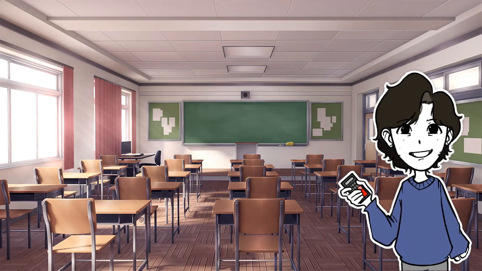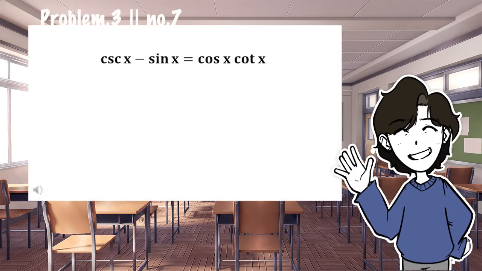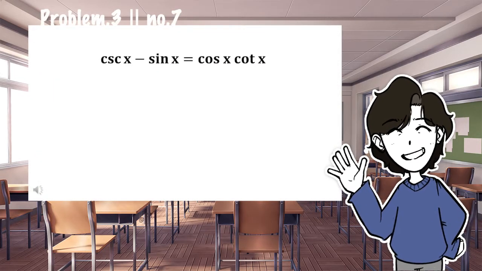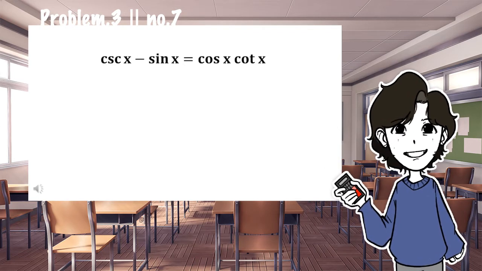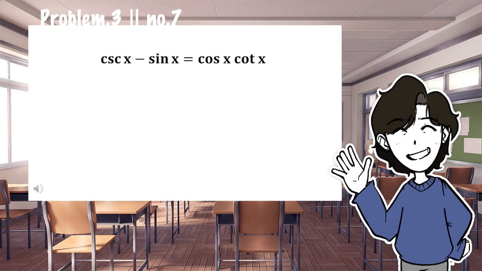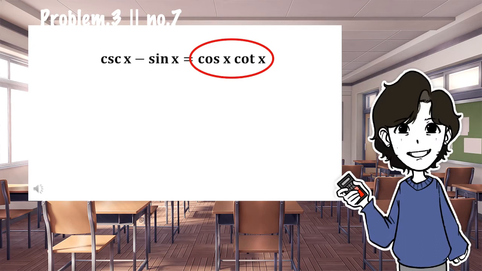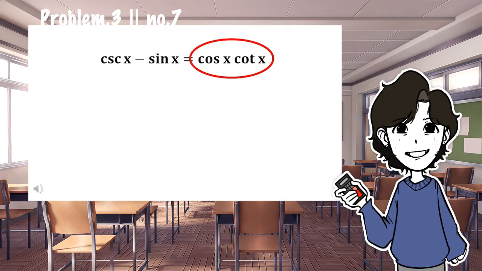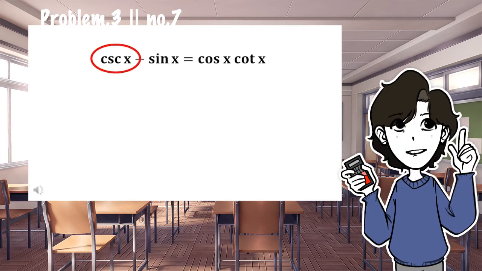For the third problem, it is cosecant x minus sine x equals cosine x times cotangent x. With this, cosine x times cotangent x will be the basis of your trigonometric identity. In this part of the equation, you'll be expanding cosecant x using the reciprocal identities.